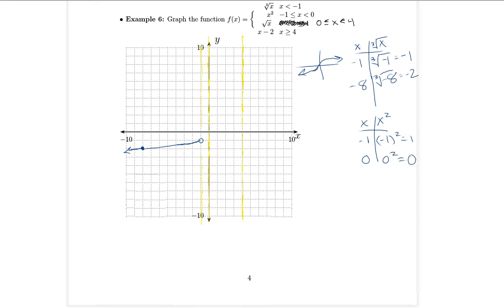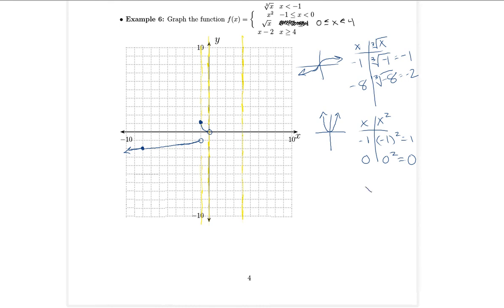So you get a point here and a point here, and I'm doing an open circle there because there's a strict inequality on that. But don't just lazily draw a line here. Remember that y equals x squared is a parabola. So this point 0, 0 is the bottom of that parabola, so kind of make sure that that's really indicated there. So it looks like that.